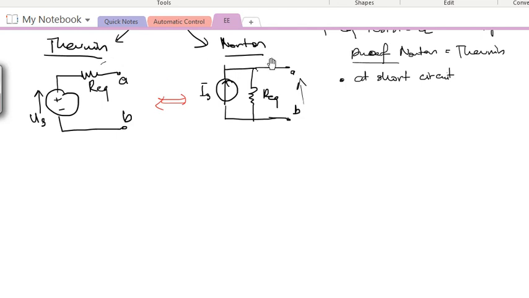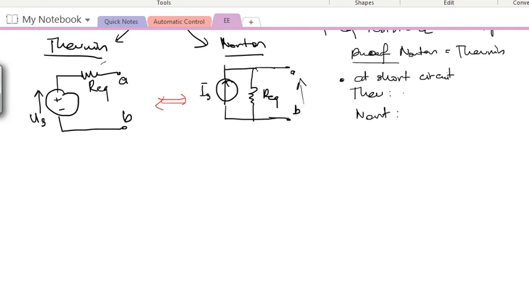So what happens when A and B in Thevenin are connected, and what happens when A and B in Norton are connected? We're going to try to deduce what happens. In Thevenin, we're going to try to measure the voltage and the current. And in Norton, we're going to measure the voltage and current as well across AB at short circuit.